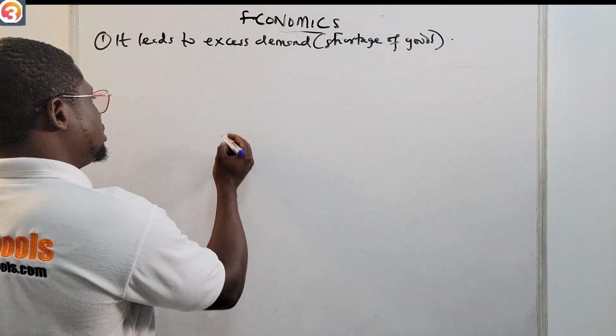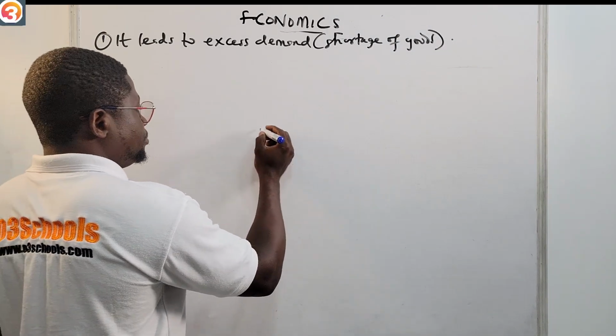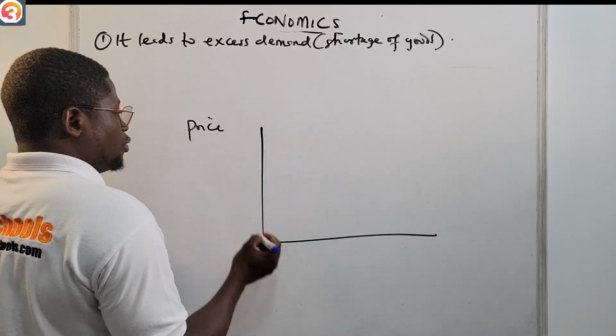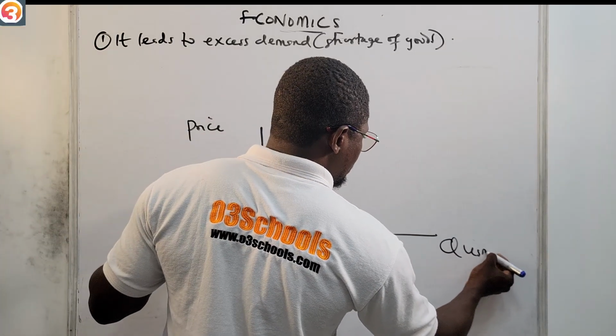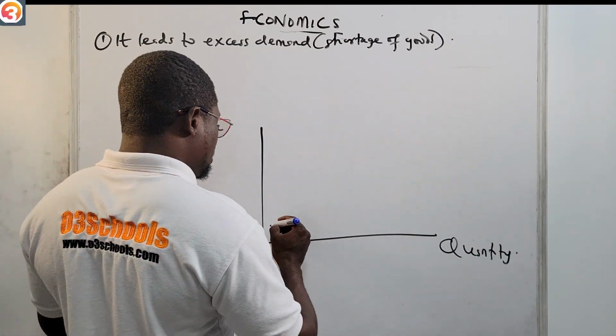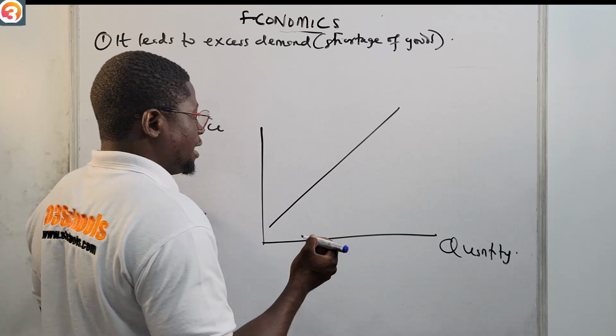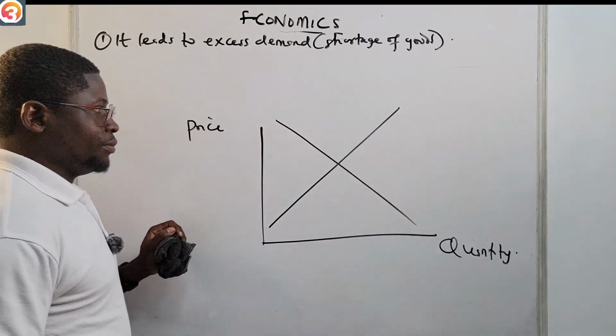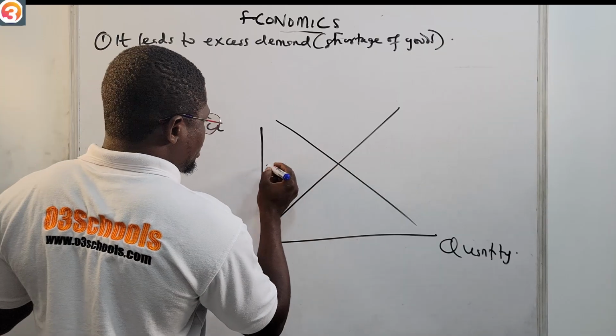On the axes, we have price and quantity. Our supply curve is upward rising, and our demand curve is downward sloping. This is our equilibrium point.